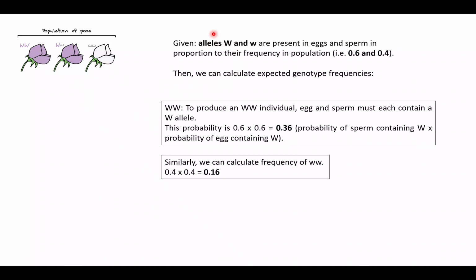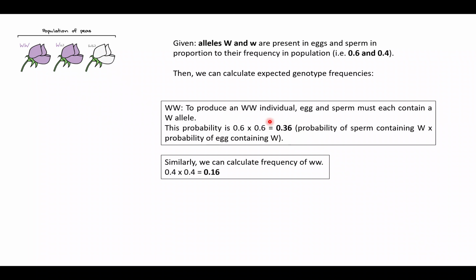For a capital W organism to be produced, the egg and sperm must both have capital W. So the probability of producing it is 0.6 multiplied by 0.6, because the allele frequency of capital W is 0.6. So it is 0.36.